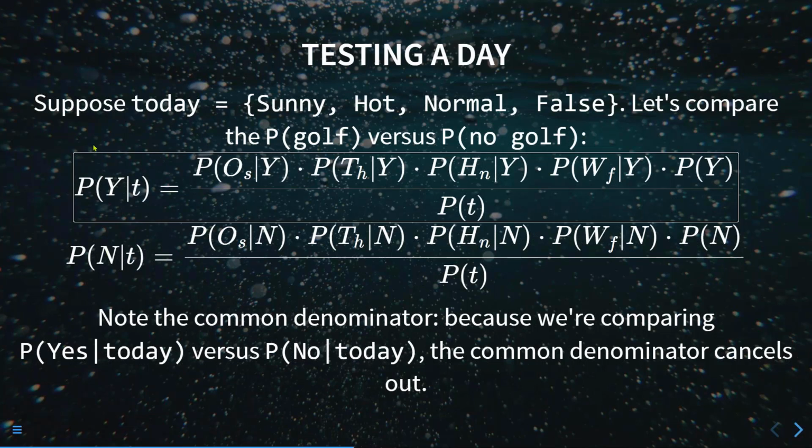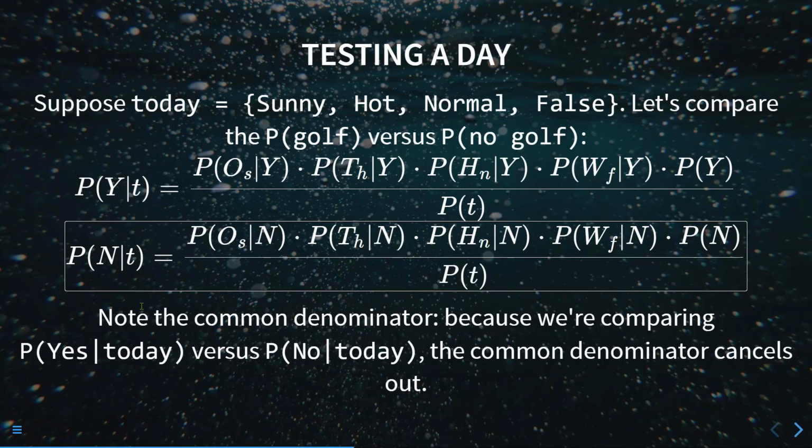So what that means is when I compare these two, I can cancel that common denominator out. I can effectively avoid P of A. I don't have to calculate it, I just factor it out. That's really good for us because the answer will still be ordinally correct, meaning that I don't need to know the exact probability that we will go golfing given the current conditions. I just need to know if yes is more likely than no. And that's what we're going to learn.